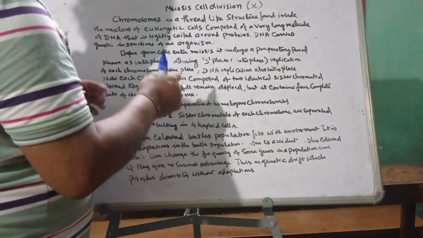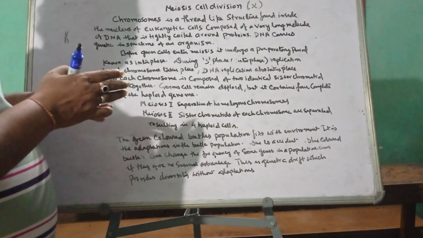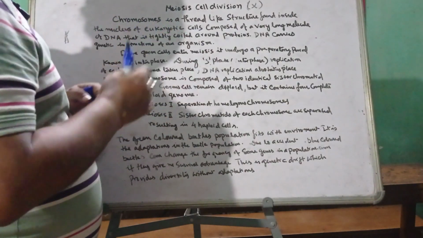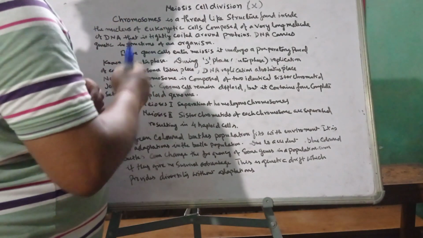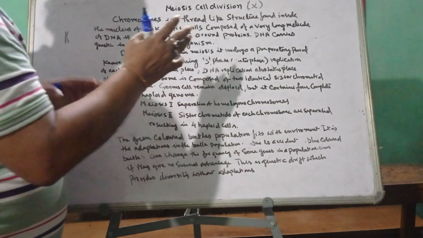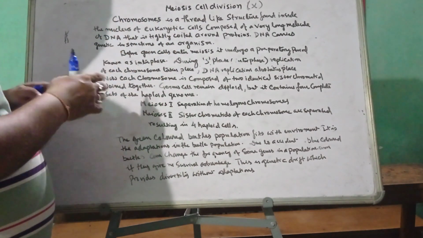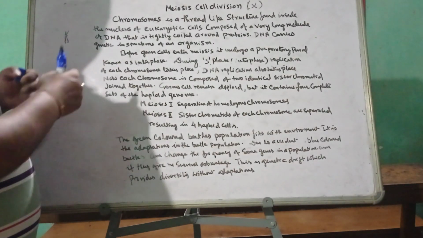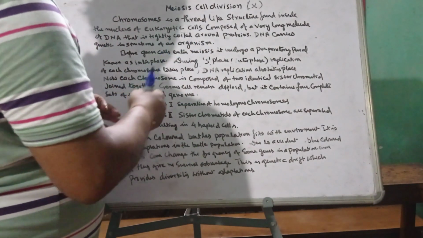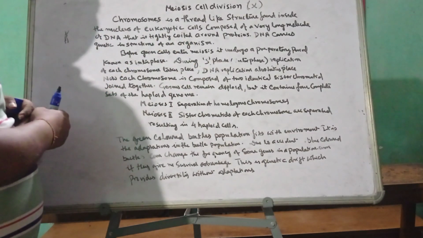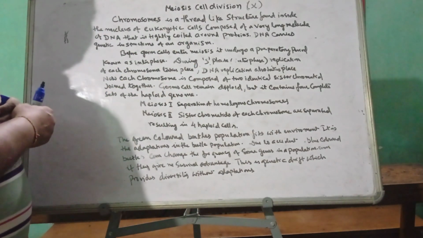This takes place when the germ cells start preparing to undergo cell division, and that is the interphase, in the S phase. In that phase, chromosome replication starts, and at the same time DNA replication also takes place.